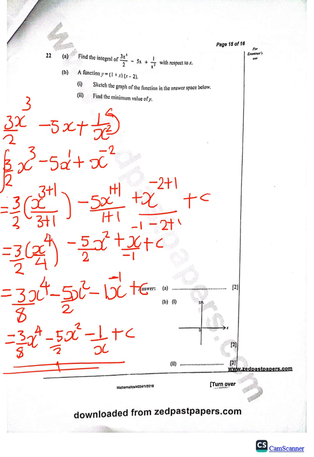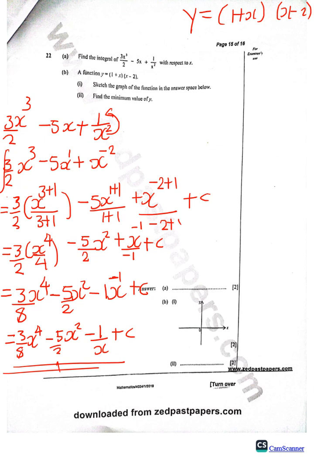A function y is equal to open bracket 1 plus x, close bracket, x minus 2. So this equation has been factorized for us. So y is equal to 1 plus x, then x minus 2. The first question is sketch the graph of the function in the answer space below. So let's find the coordinates.